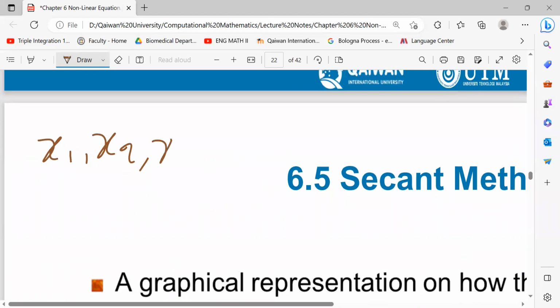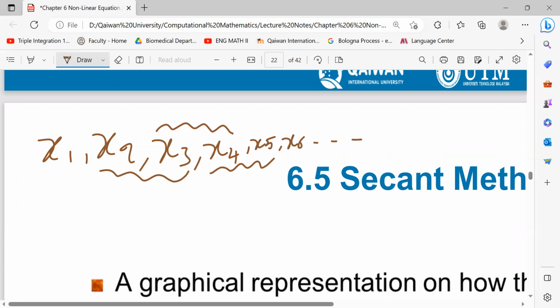And always from the last two, we find the next one. From x2 and x3, you find x4. From x3 and x4, you find x5. And from these two, you find x6. So we always use the last 2 points to get the next point.